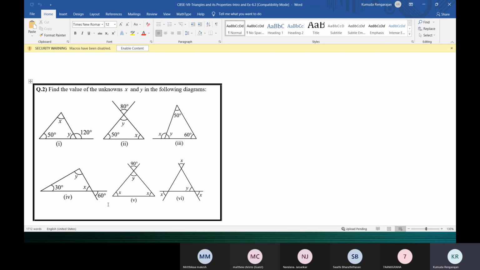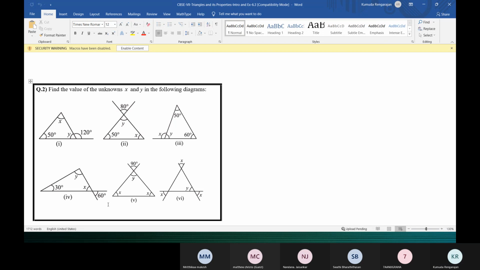Correct. A little more than that. What can you say about the measures of angles x and y, based on vertically opposite angles only? Ma'am, the angles which are opposite to them are equal. No, still more clearly. What can we say about the angles x and y?